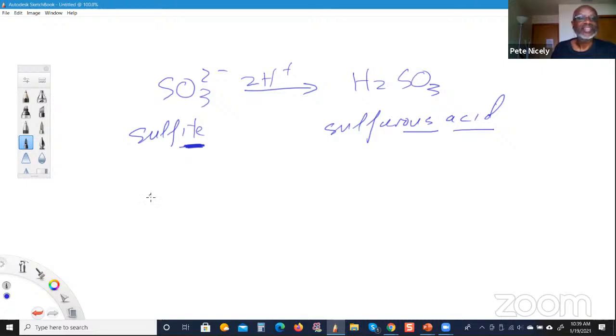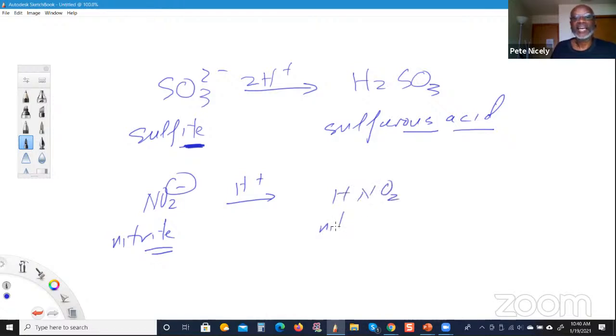Here's another example, NO2 minus. This is called the nitrite ion. In this case, we would add one hydrogen ion because there's only one negative charge here to form HNO2. So this is called nitrous acid. All right. Again, the ITE ending is replaced by OUS acid ending.